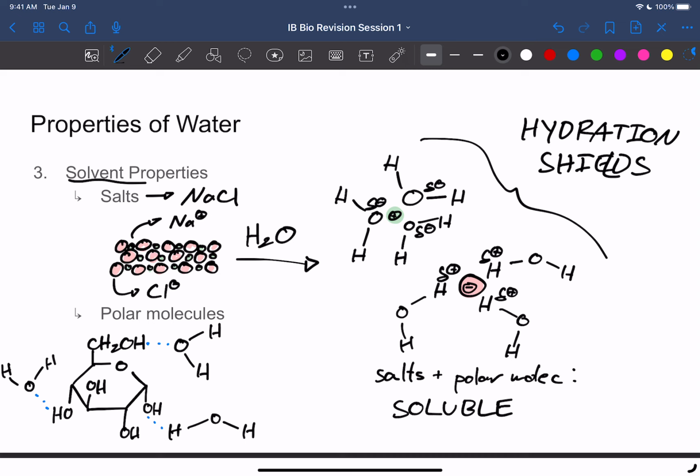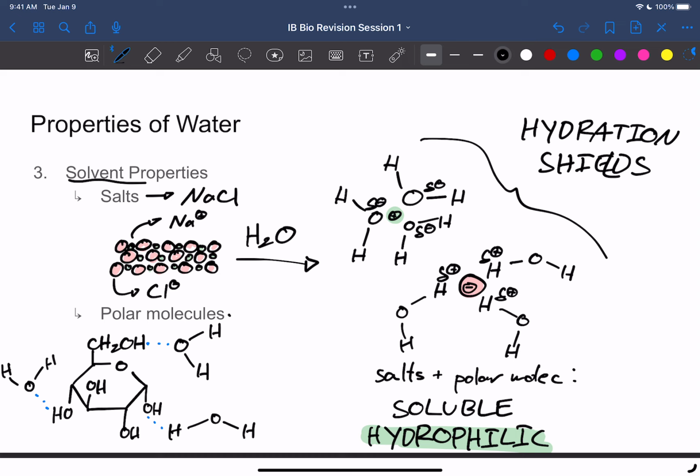So these polar interactions make both polar molecules and salts water soluble. And when we see something that's soluble, another word for it is hydrophilic. And this means water loving, water, philic, loving. So this term you're going to have to know pretty well here, hydrophilic.